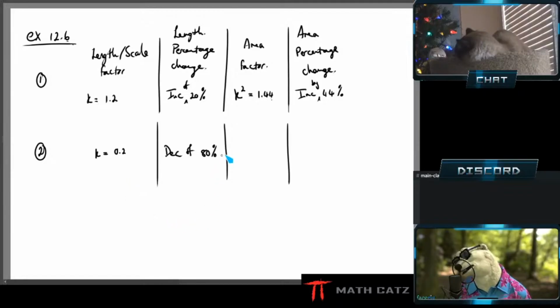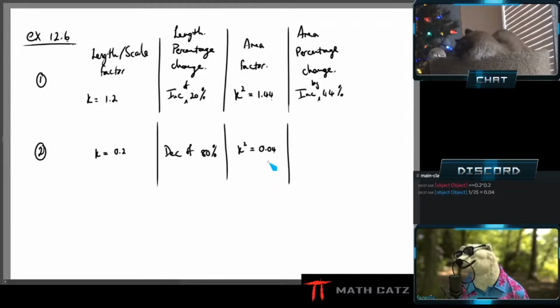That's okay. The area factor is still the scale factor squared, which you might feel it's a little small, but 0.2 squared is in fact going to be a very small factor when it comes to the area.